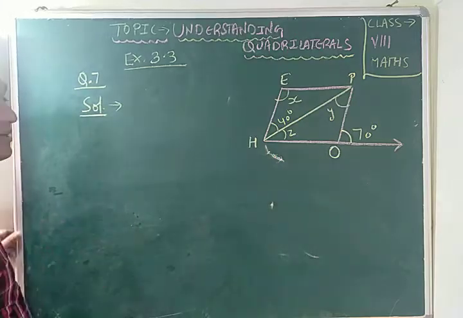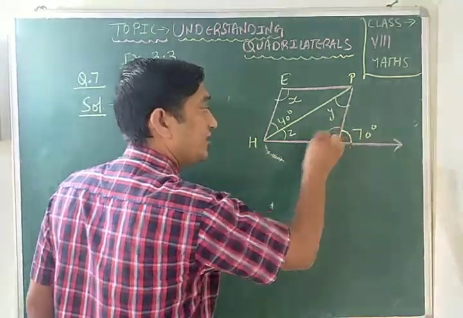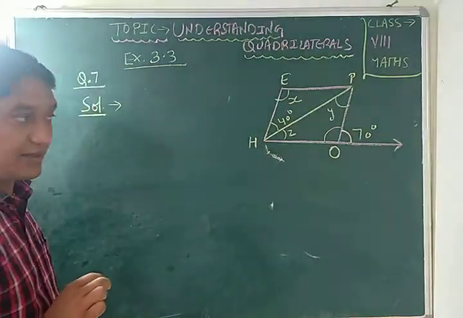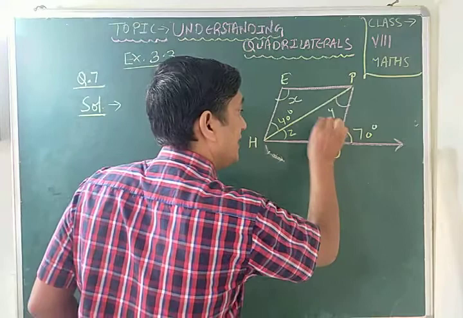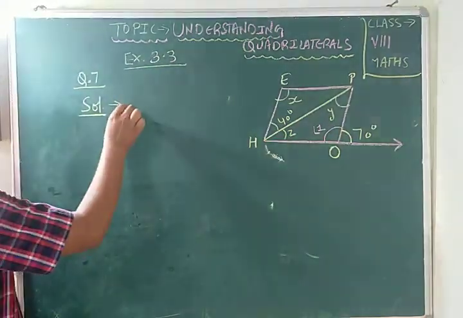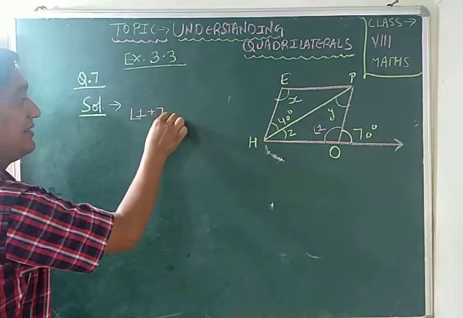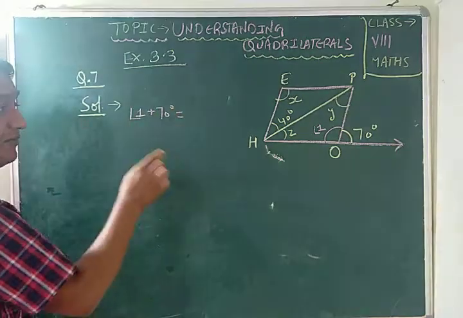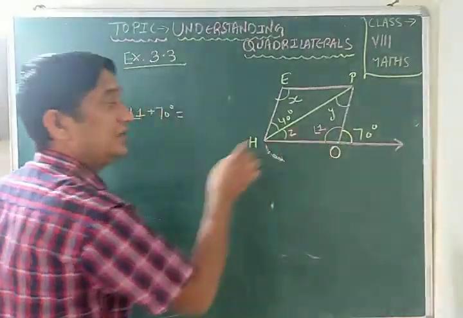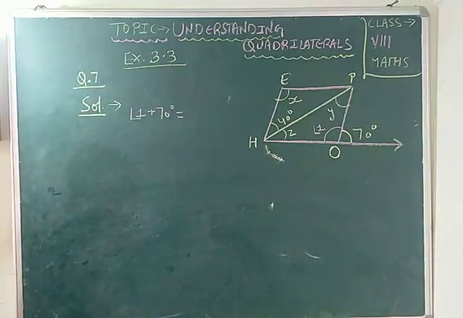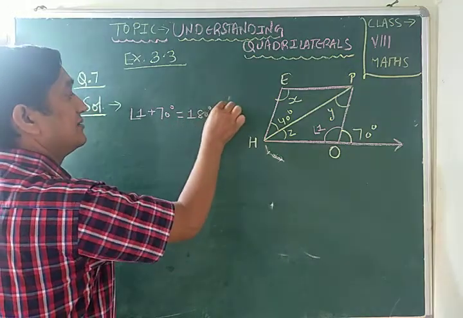Look children, now this is the interior angle of the parallelogram. Here we have, let it be angle 1. So angle 1 plus angle 70 degree. Now children, observe, this is angle 1 and this is angle 70 degree, and the relation between these two angles, angle 1 and 70 degree, they form linear pair angles.